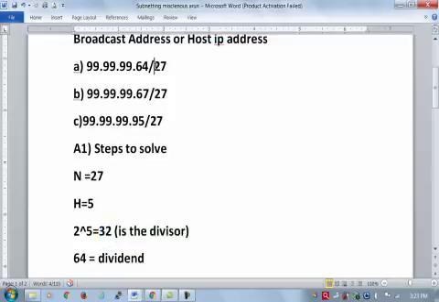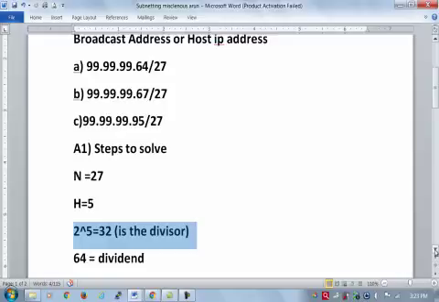The first thing I told you is to focus on slash 27, so n is equal to 27 and h is equal to 5. You will observe that in all my videos the pattern is the same. Just follow this pattern blindly, and I am 100% sure that CCNA certification is not far. It is very easy. So 2 raised to the power 5 is 32, and this becomes the divisor.